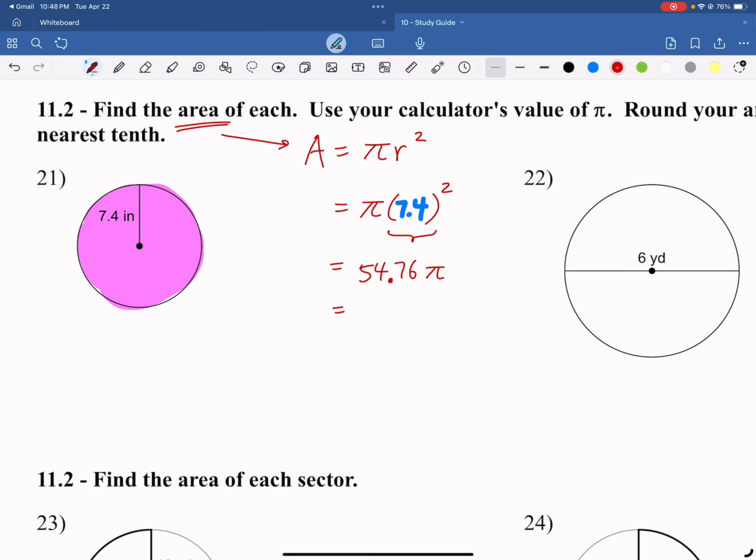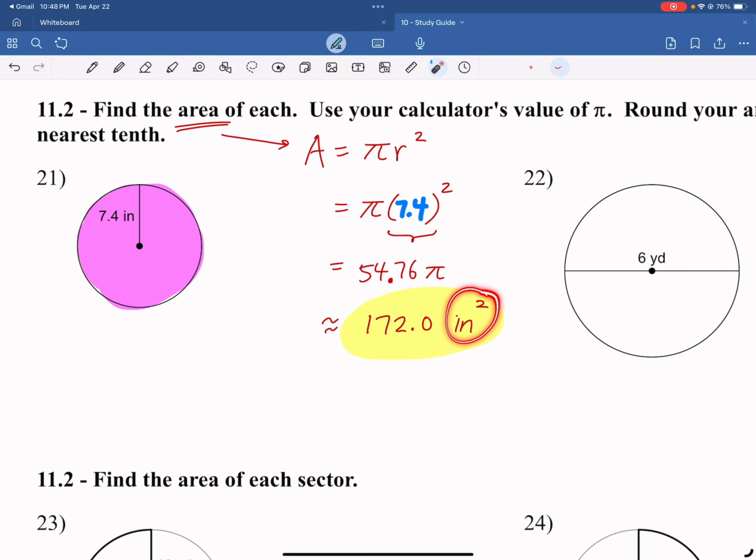And then once you square it, and then that on a calculator, once you approximate it, should be about 170.0 inches squared, because area, recall, is two-dimensional, right?